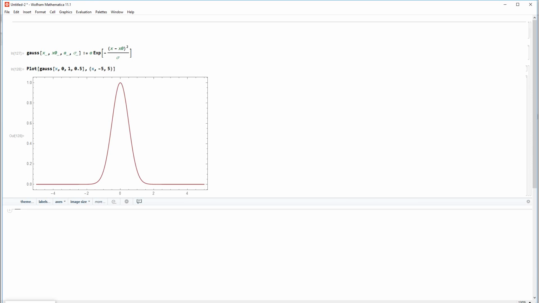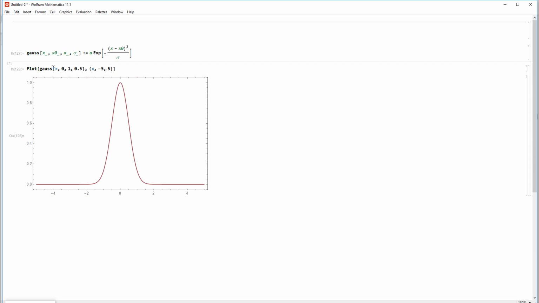I gave it three parameters here. 0 is the position of the center of my line, 1 is my amplitude at the center, and 0.5 is the standard deviation, so the width of the line. Okay, so that works.